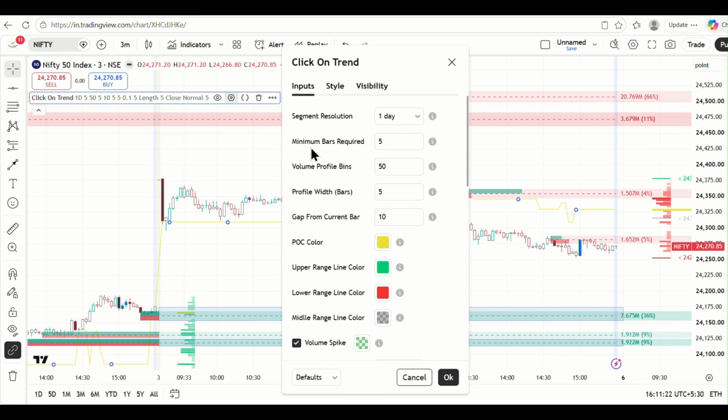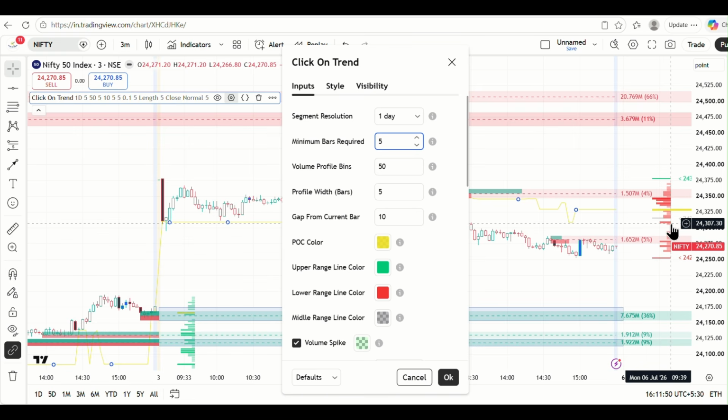Then the minimum bars required. This is the number of bars required to build this volume profile. Bars here means the candles required to build this. Then the volume profile bin: how many horizontal bars are needed? 50 is enough to explain how the volume and the current prices are correlated, like a volume profile.